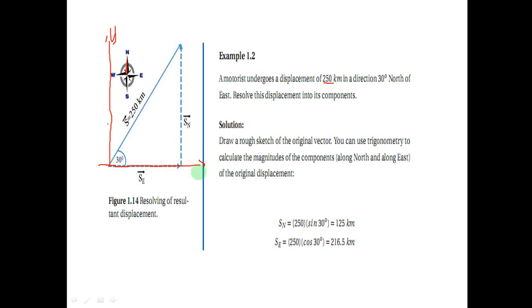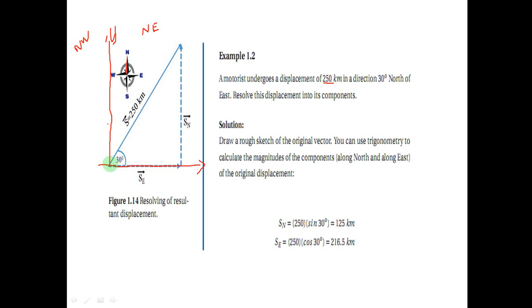This is the north direction, this is northeast, and this one is the northwest direction.